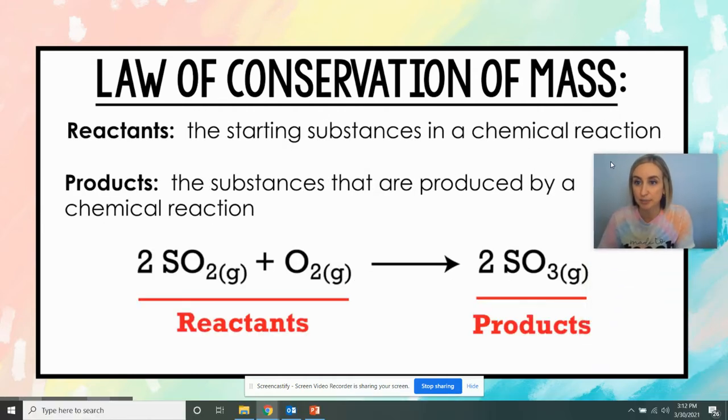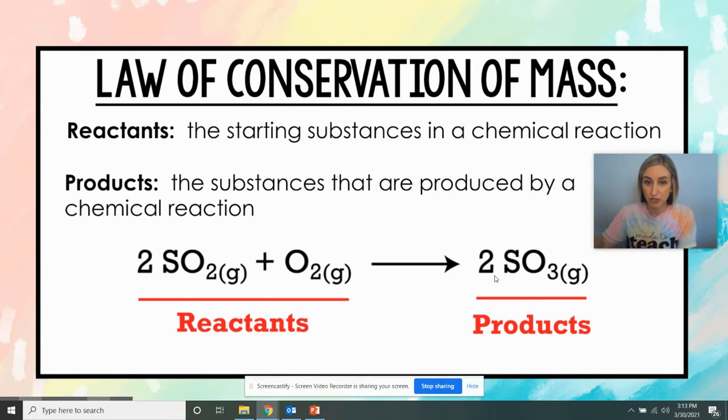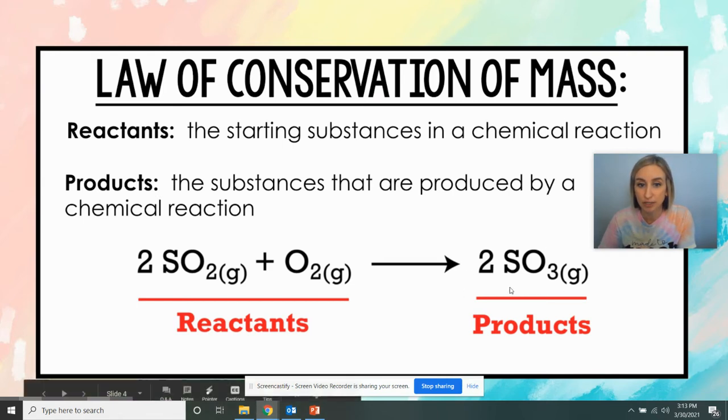So here is some information about reactants and products. When you hear the word reactants, those are the starting substances of a chemical reaction. If you look down here, all of these chemical formulas, you've got two different molecules that you're looking at. These are the reactants. This is what you're starting with. The arrow then shows that a chemical reaction has occurred, and the products, the second part of the equation, are the substances that are produced.